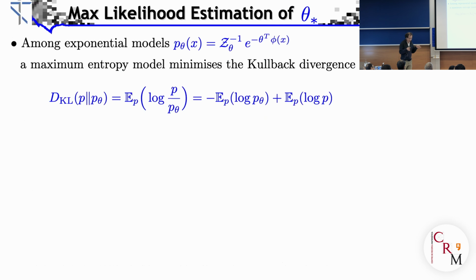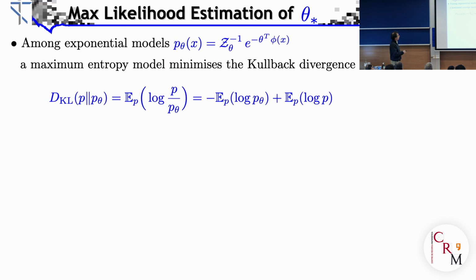Okay, so let me move on and go into a little bit more detail on how you compute this maximum entropy distribution. One result that you can verify quite easily is that if you consider the exponential distributions whose Gibbs energy are linear combinations of the coordinates of phi of x, then the maximum entropy distribution is in fact the distribution which minimizes the Kullback-Leibler divergence between the true distribution and the distribution p theta.